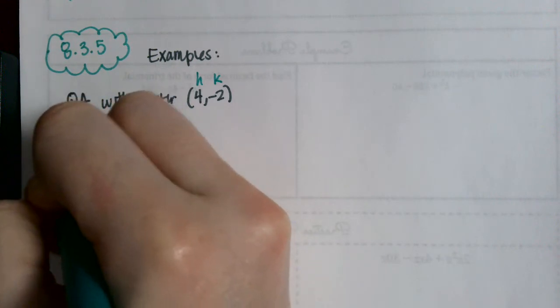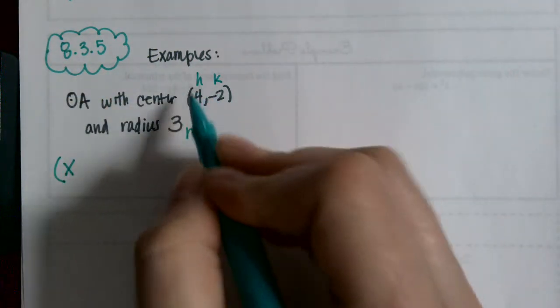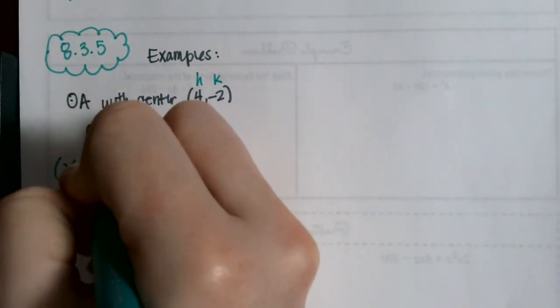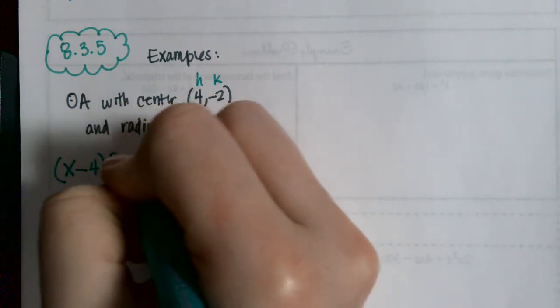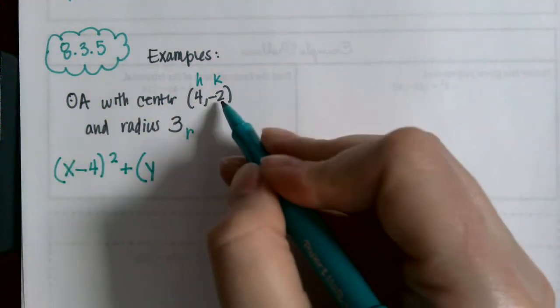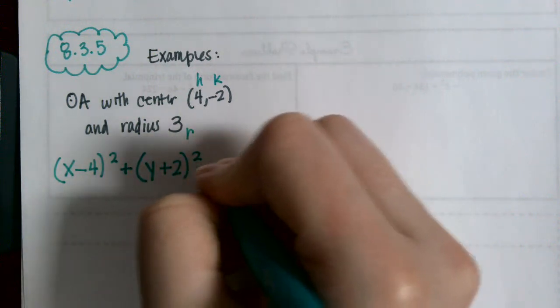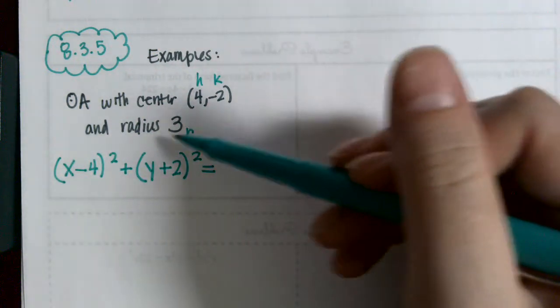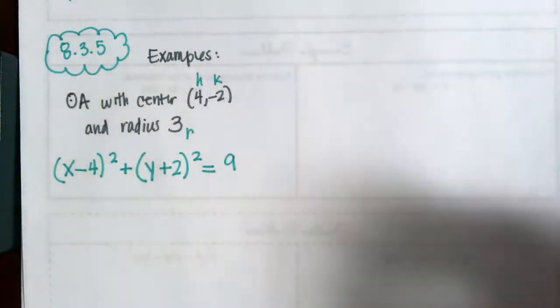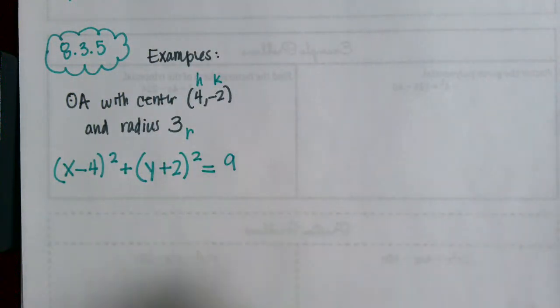All you need is the center and the radius. So I'm going to write my equation: x, and then the opposite of h, so minus 4 squared, plus y, the opposite of k, so plus 2 squared, equals r squared. So 3 squared gives me 9. And that's my equation of this circle.